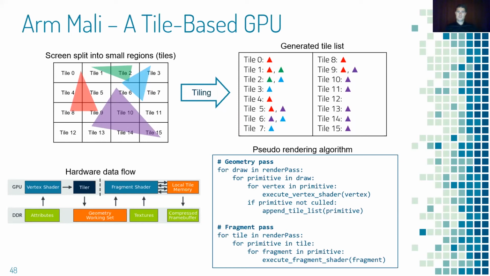If the primitive is not culled, it appends it to the tile list. The tile list just keeps track of the primitives that affect that tile. The second pass is the fragment pass: for each tile in the render pass, and for each primitive, fragment shading is run.